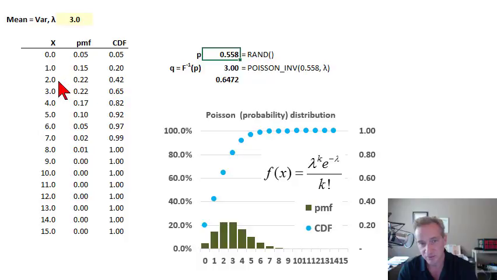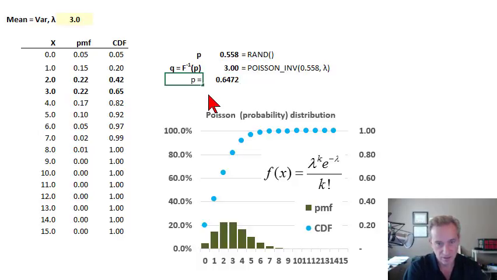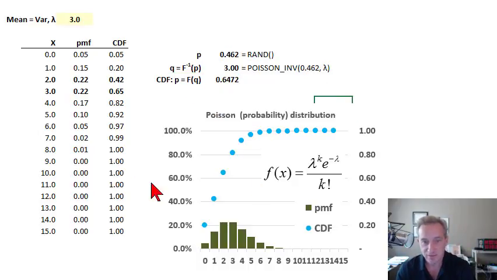So you can see over here, 2 is at 42%, 3 is at 65%, so 55.8 falls between 2 and 3 and really falls within this bin that characterizes the value of 3. So really we're getting P equals F of Q as the CDF. And that is the similar example for the discrete random variable.